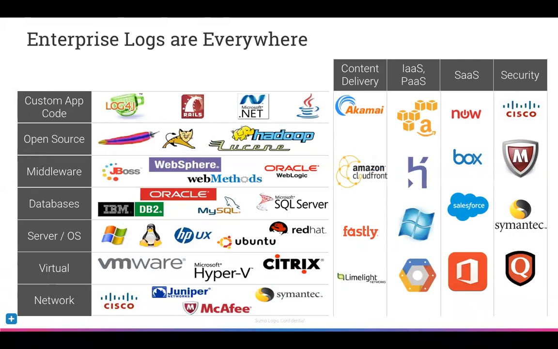On the left-hand side, you can have your stack, and it could go from network all the way through your databases, all the way up to your custom application code. We can grab data from any of those. On the right-hand side, you see infrastructure like content delivery, your IaaS, your PaaS, or maybe security data that you want to be bringing in. Again, that data can be structured or unstructured.